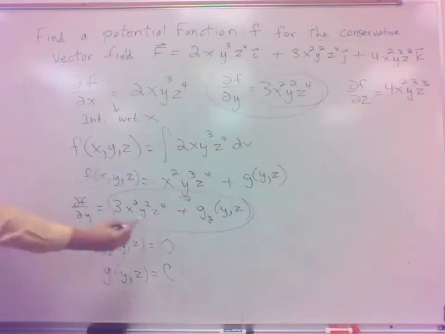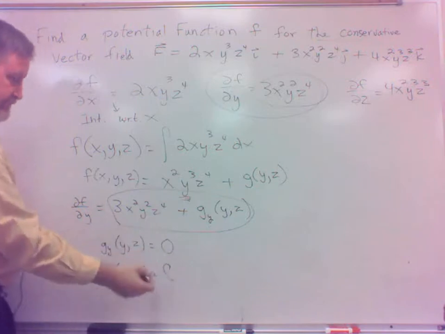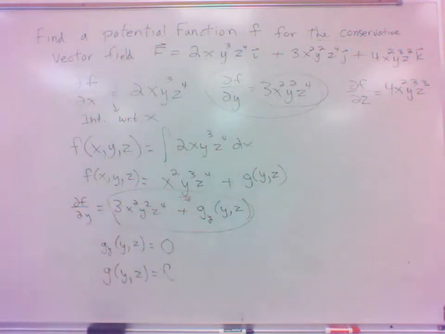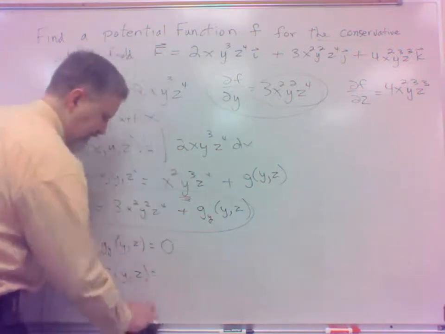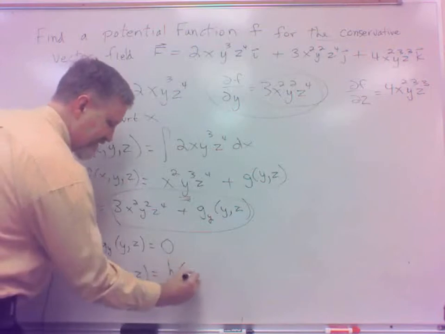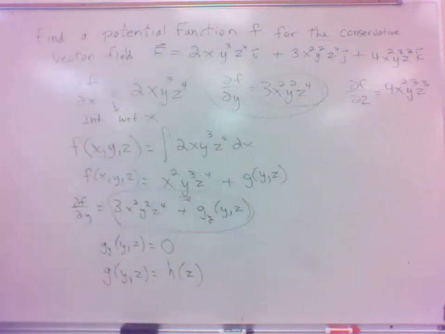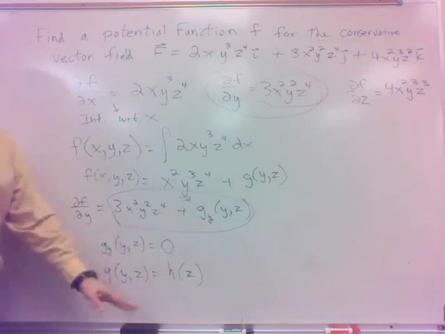No, since the derivative is 0... Oh, yes, I'm sorry. You are correct. It has to be some function of z. Yes, because we are talking about 3 variables, so we still got a variable there that could be considered a constant with respect to y anyway. So yeah, it's some function of z.